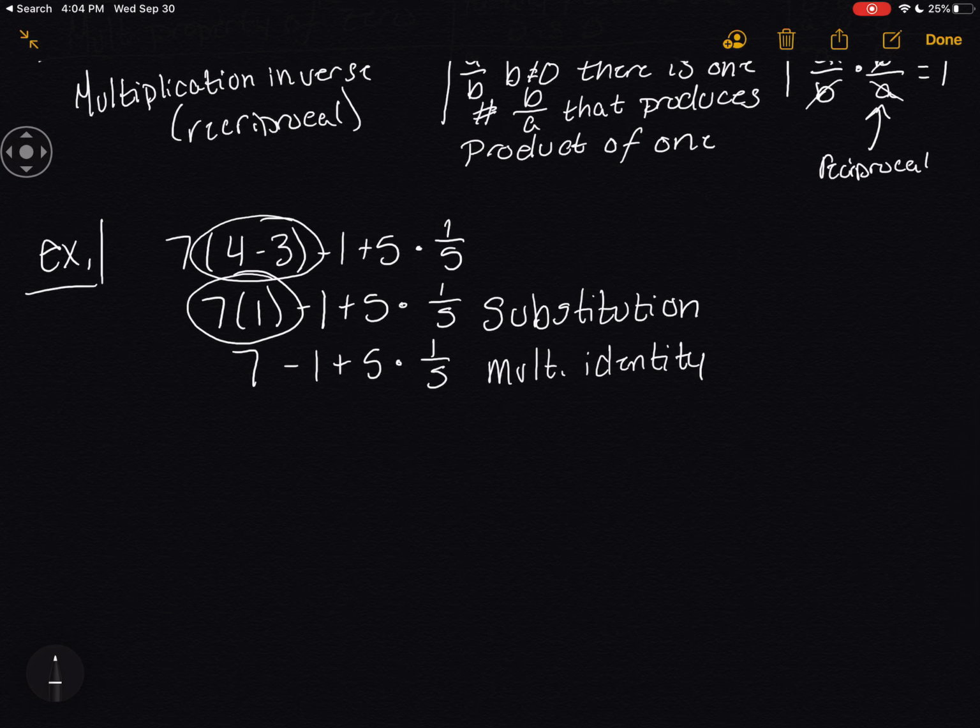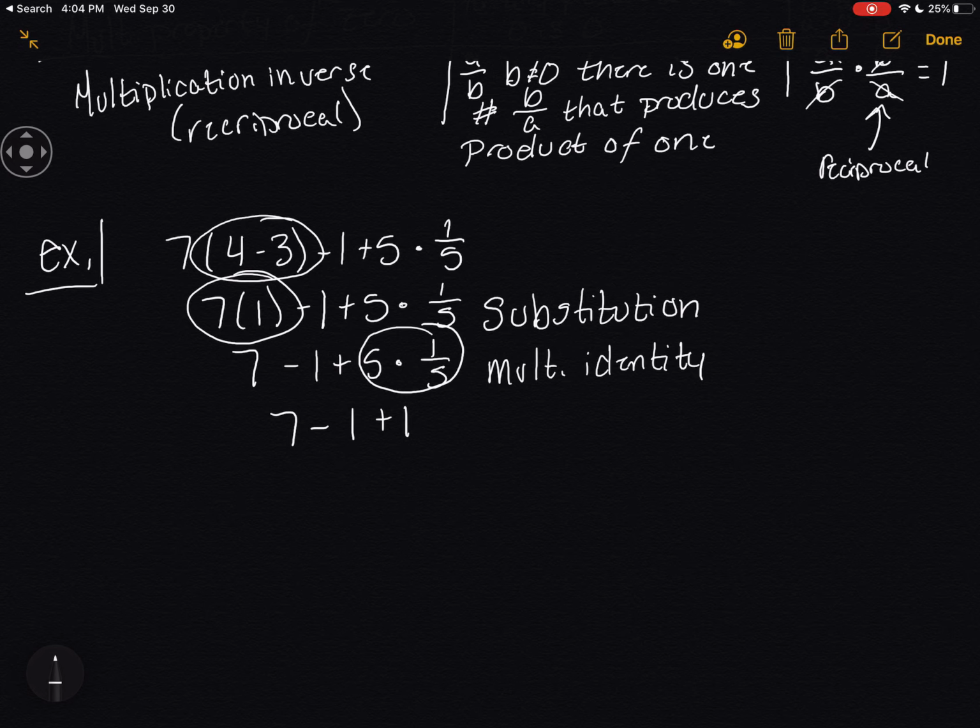Next, I am doing 7 minus 1 plus 1 because I have to do this next according to order of operations. I'm still using my order of operations here, so I did parentheses, multiplication from left to right. The 7 times 1 came first, so I'll do that first.